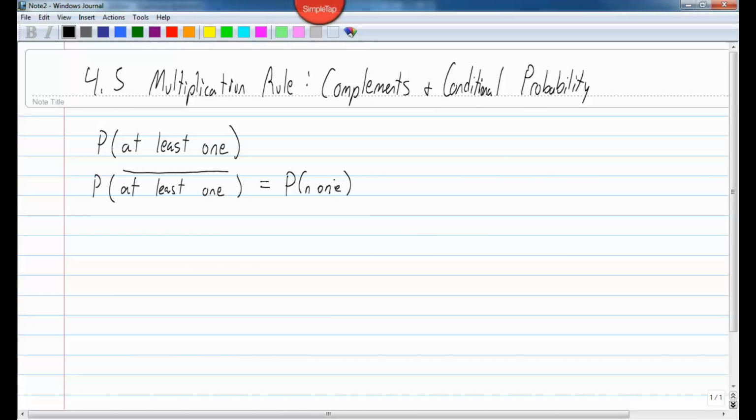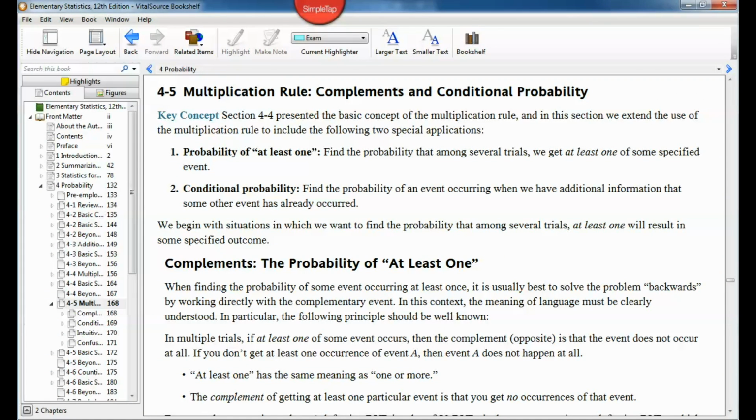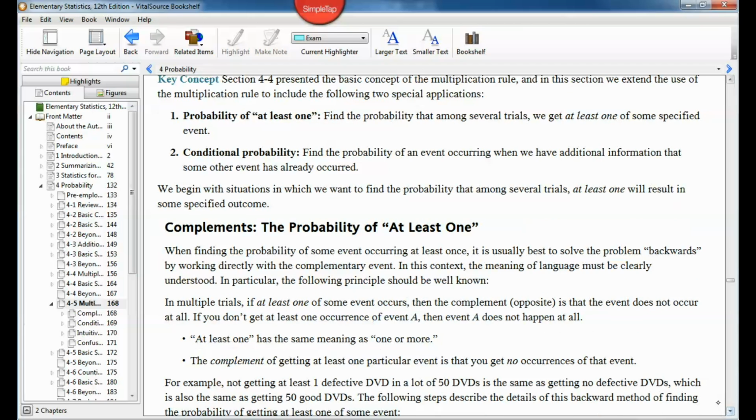So the complement of at least one means the probability of none. Okay. So that works both ways. The probability of not none would be the probability of at least one. Remember, at least one means one or more.